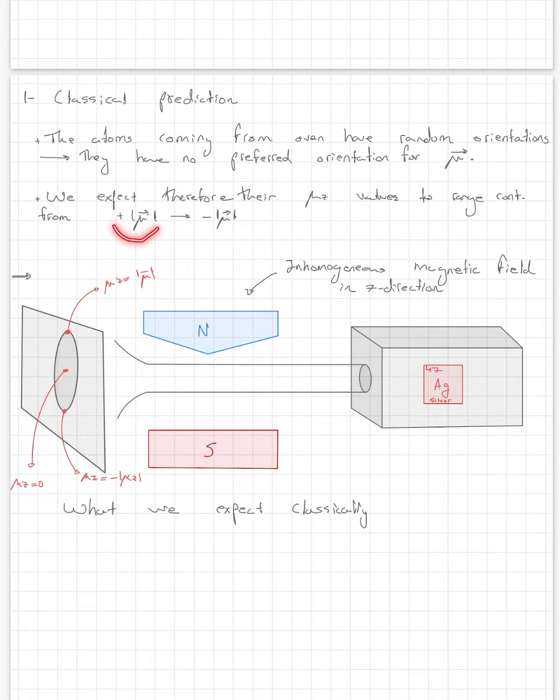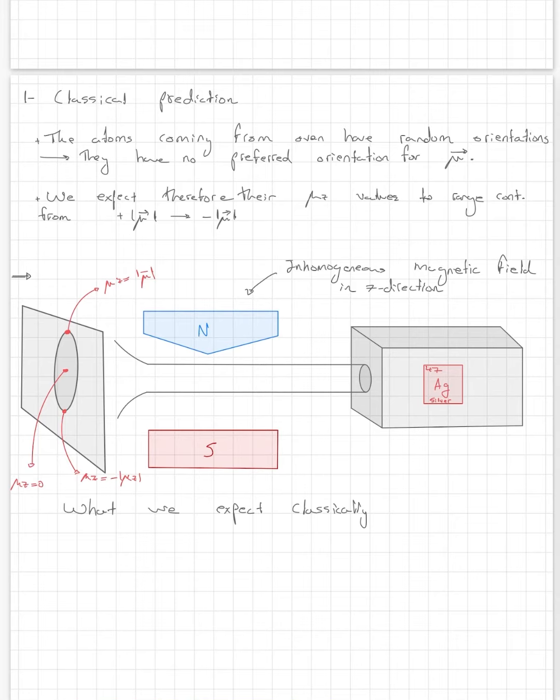Plus mu represents an atom whose magnetic moment points in the Z direction. Minus mu represents an atom whose magnetic moment points in the negative Z direction. And anything in between represents an atom whose magnetic moment points in any other direction, which is a combination of X, Y, and Z directions.